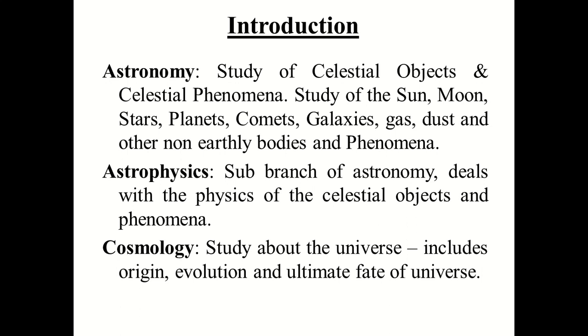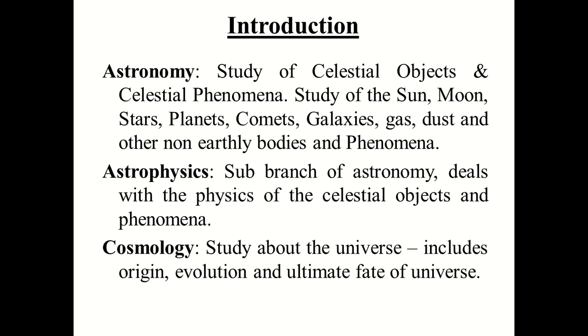That semi-sphere is actually called the celestial sphere; it is in fact a half part of the celestial sphere. So objects appearing in this celestial sphere are called celestial objects. The study of these celestial objects and celestial phenomena is called astronomy.